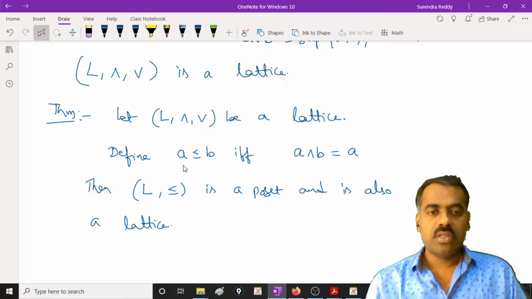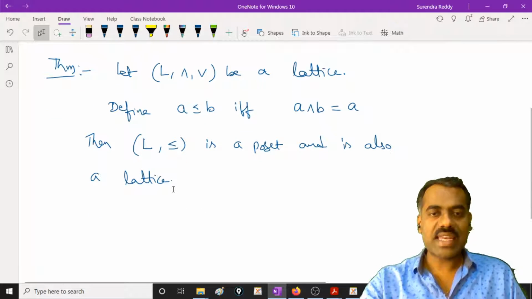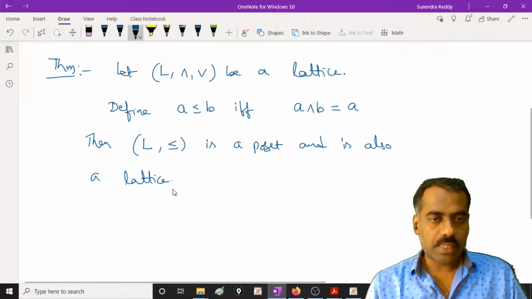So from a given lattice as an algebra, we are getting a lattice as a poset, right?